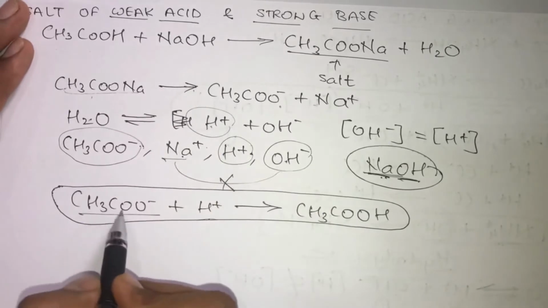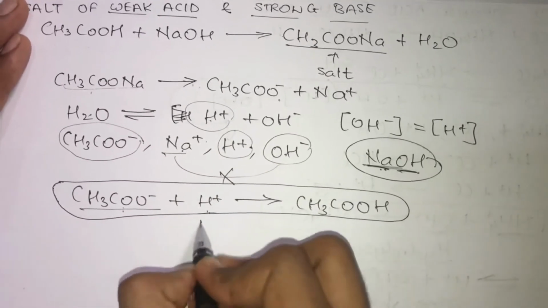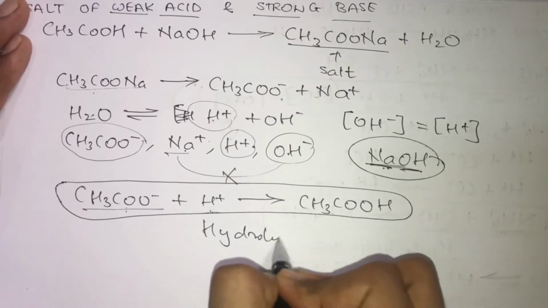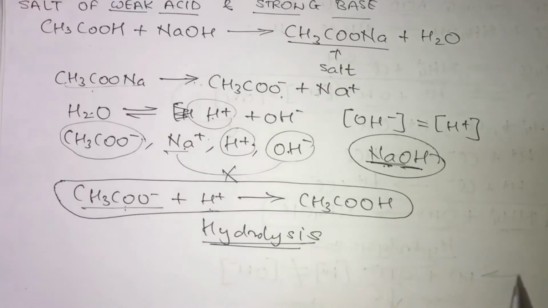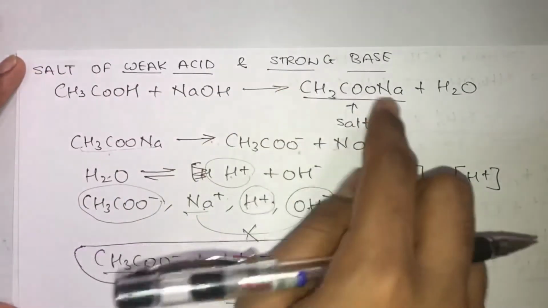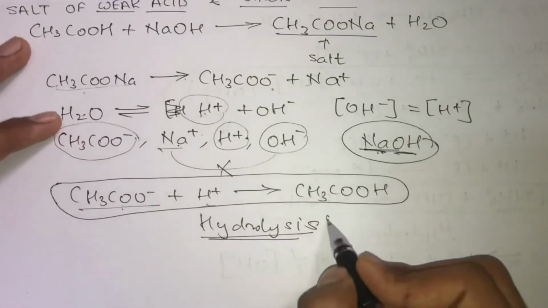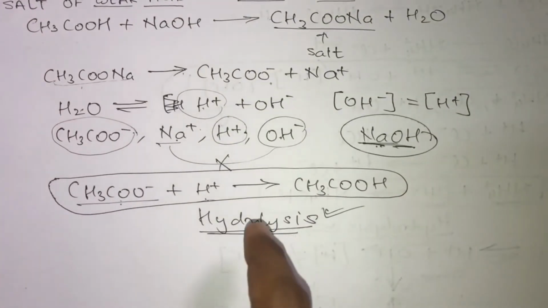So when the ion of salt reacts with the ion of water, what happens? This reaction is called hydrolysis. So one thing is sure, that the salt of weak acid and strong base will undergo hydrolysis. Now let us see what are the effects of this hydrolysis.